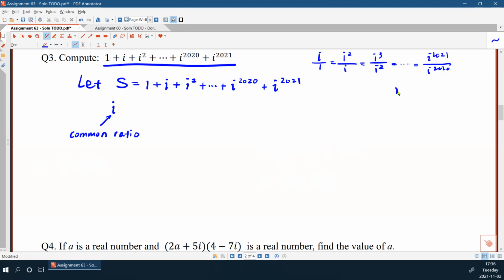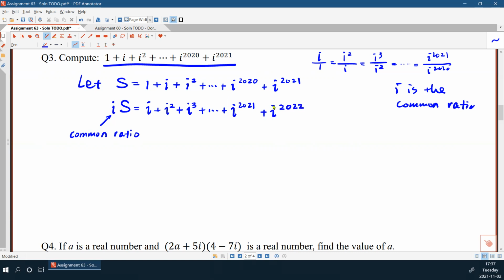So i is the common ratio. So usually we'll multiply an i to both sides. That means iS equals i plus i squared, and then plus i to the power of 3, and so on, up to i to the power of 2021, then i to the power of 2022, right? Can you follow me?